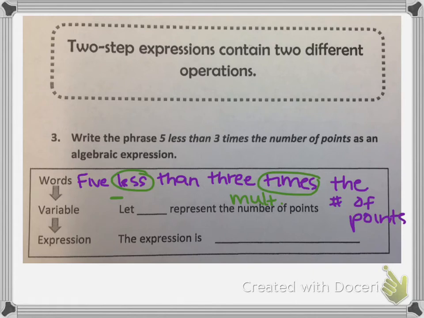Let's define a variable for the number of points. What letter makes the most sense here? That would probably be the letter P for points. So 5 less than 3 times the number of points. Well, 3 times the number of points can be written as 3P, and then 5 less than that is 3P minus 5. So the expression is 3P minus 5.